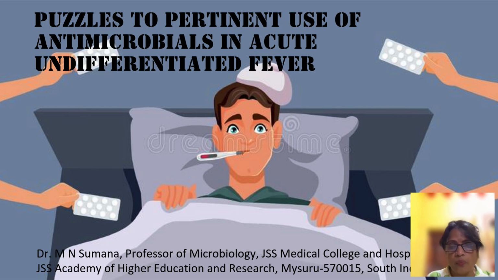This is the second part of puzzles to pertinent use of antimicrobial agents in acute undifferentiated fever. In the previous part, I described the various causes of acute undifferentiated fever, the definition of acute undifferentiated fever, and some simple pointers to its diagnosis, especially the tropical fever causes.